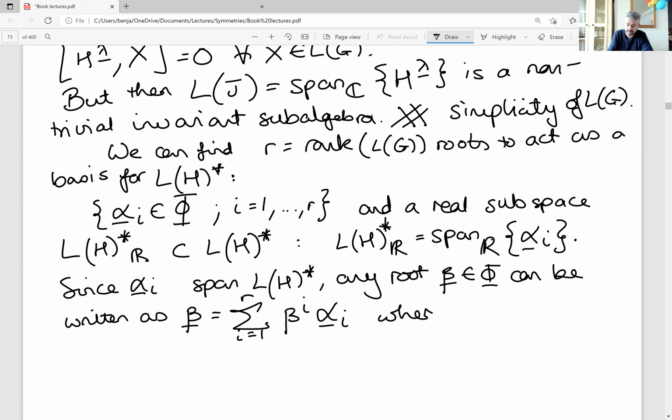And so now beta I are complex in general, or at least at this point.